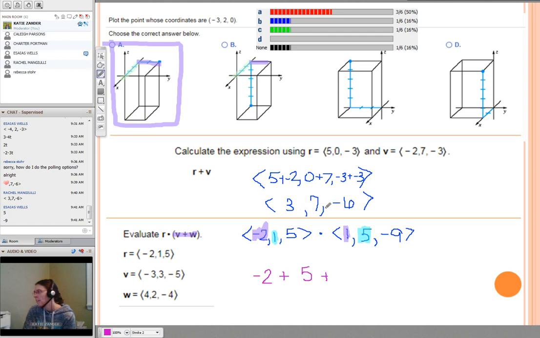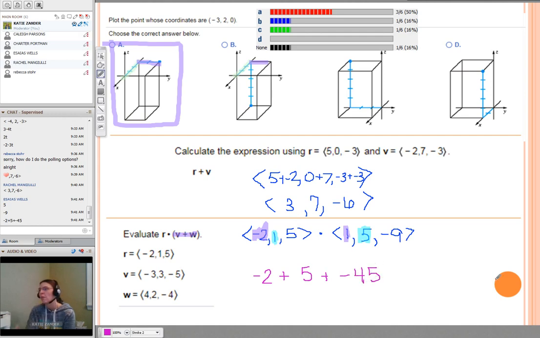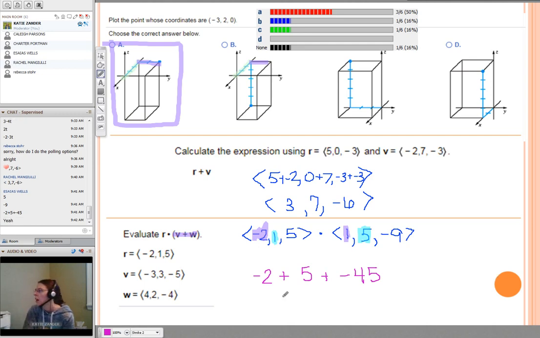And then 5 times negative 9. Thanks, Isaias, to just confirm that. And when we add those together, what do we get? Is that a negative 42 if I did that in my head correctly? Awesome.